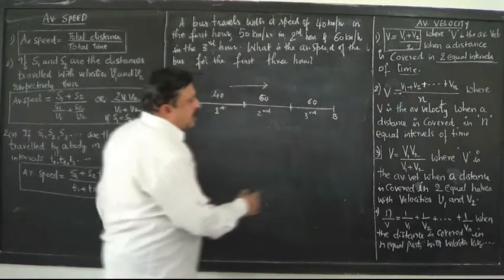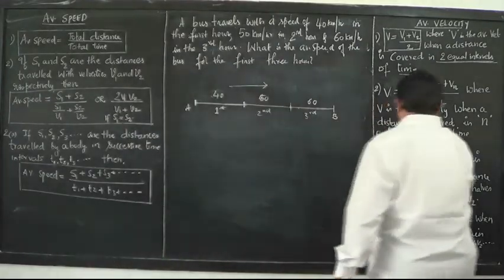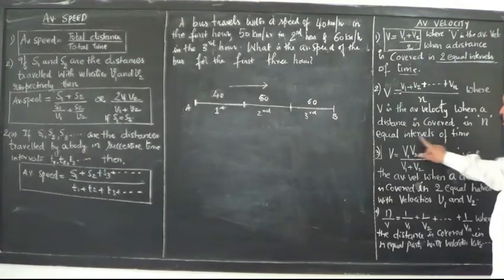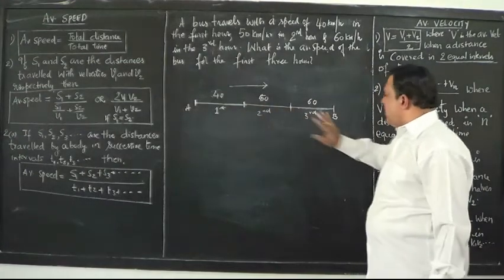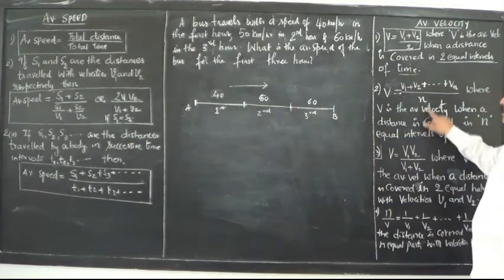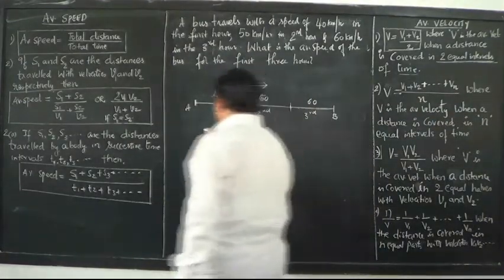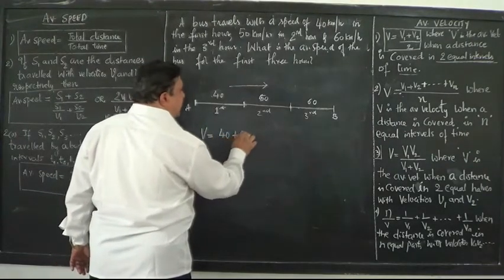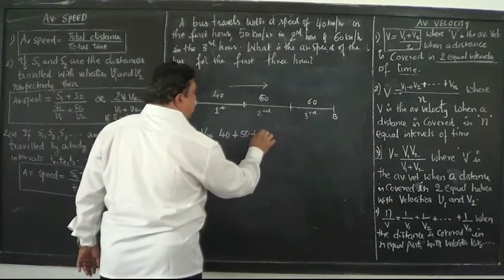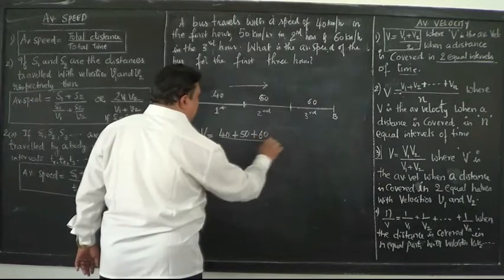Now since distances are covered in n equal intervals of time, here n is 3, first interval, second interval, third interval, and v is the average velocity. So simple, v equals v1, that is 40, plus v2, that is 50, plus v3, that is 60, all divided by 3.